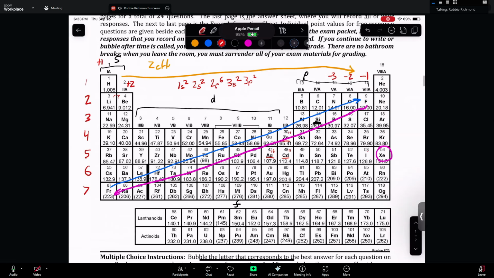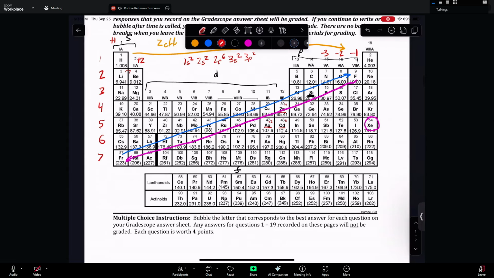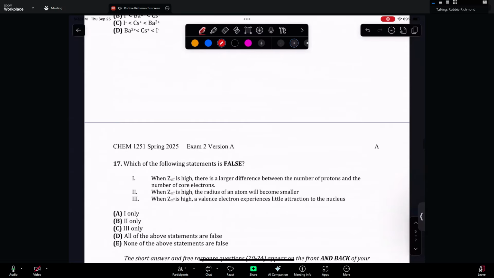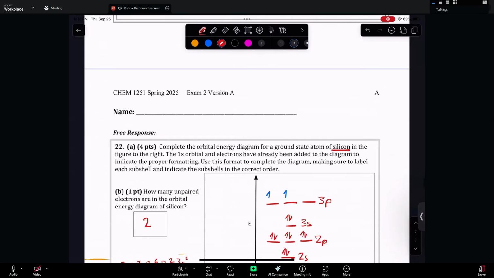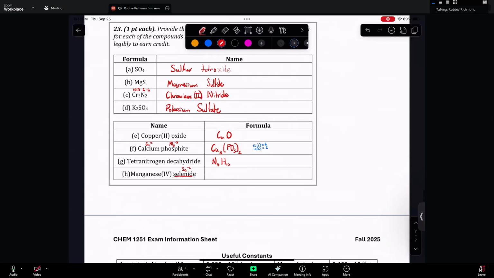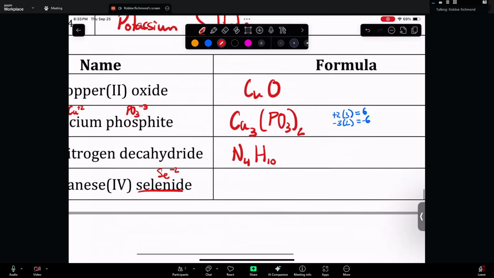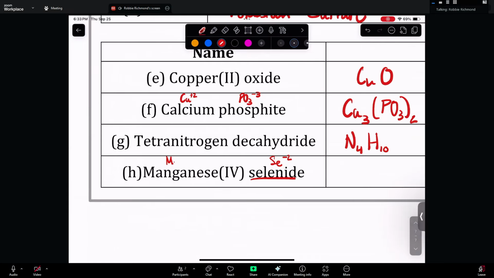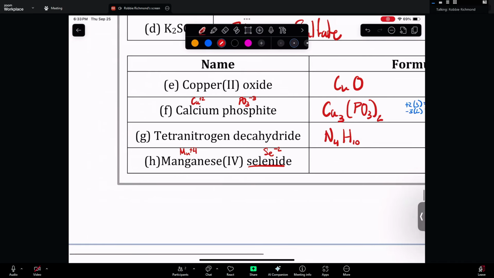That's going to be a group 6 element, so that always has a -2 charge in its anion form. And then we're given that information that manganese has a +4 charge. To balance that out, we would just need 2 seleniums. Cool.